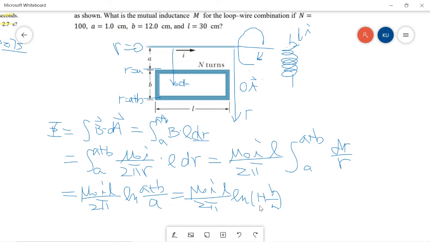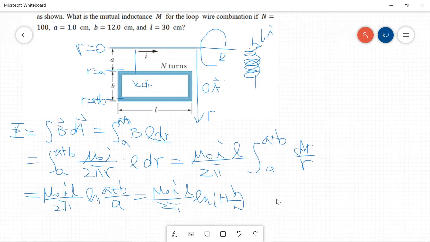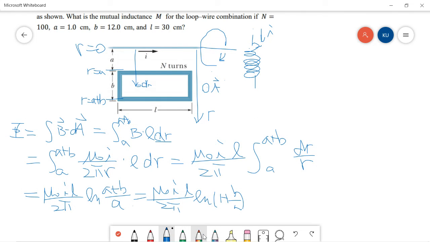Finally, we would like to calculate the mutual inductance M, which is N phi over I. I will be cancelled, and we will have N mu 0 L over 2 pi ln of 1 plus b over a.